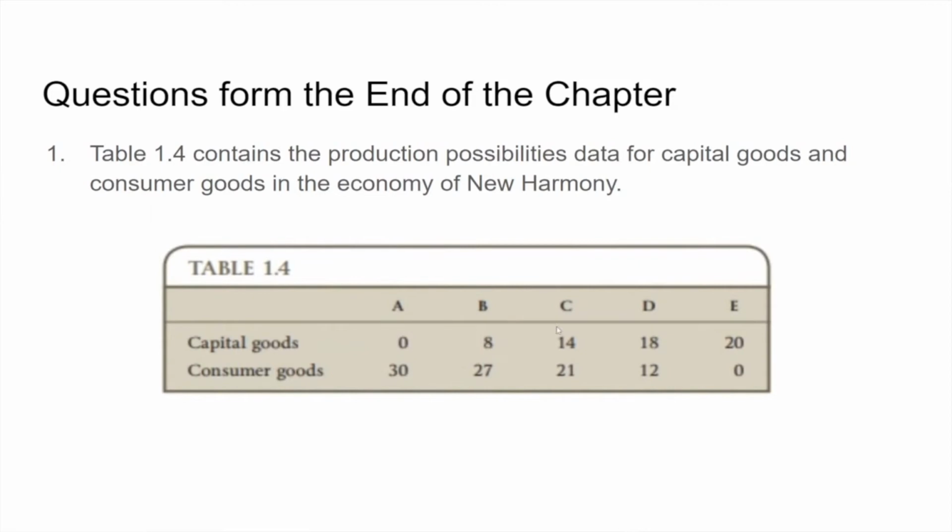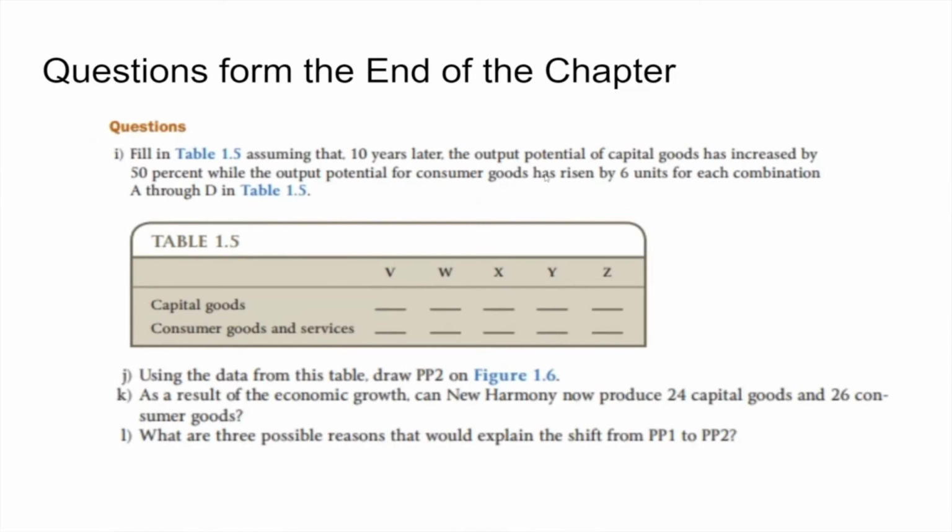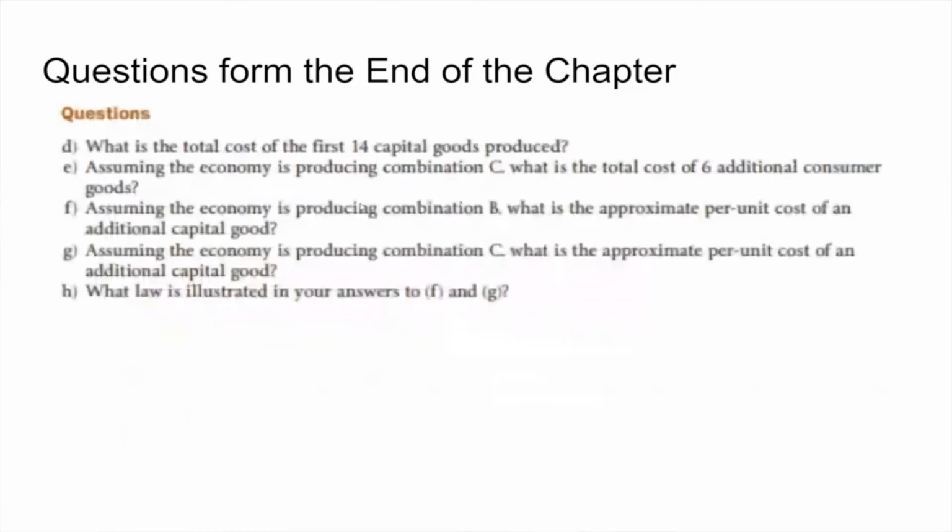So our new numbers will be 0, 12, 21, 27, and 30.